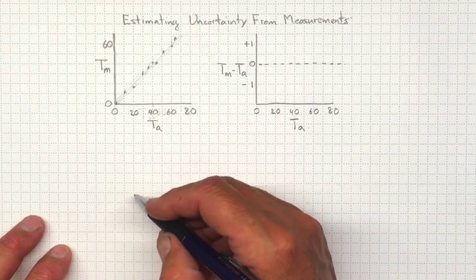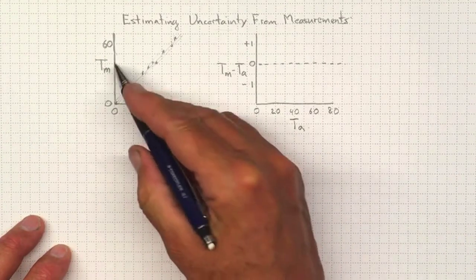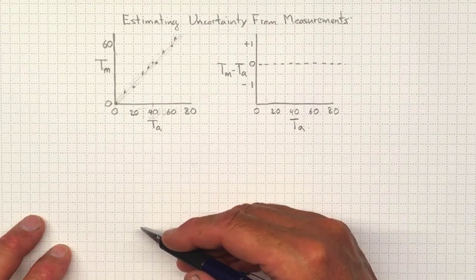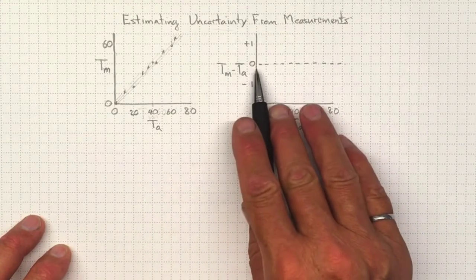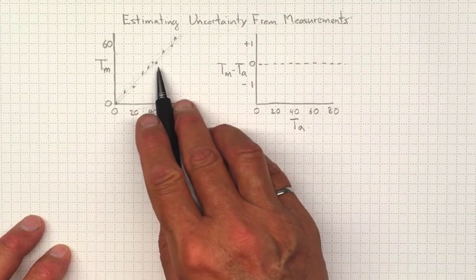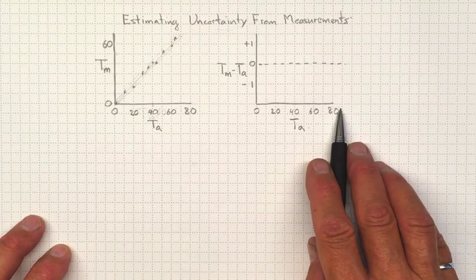It's not an uncertainty anymore because we know what it should read. It should read 40 and it read 41. So we've got an error of 1 degree. We can get a better idea by plotting just those errors, the differences between the straight line and those data points, as we go over a range of temperatures.